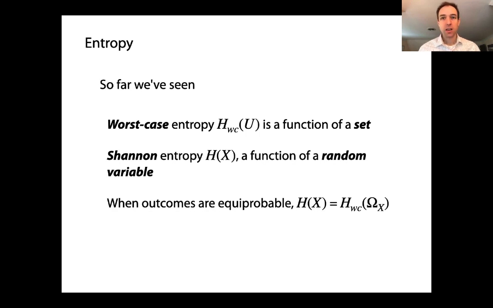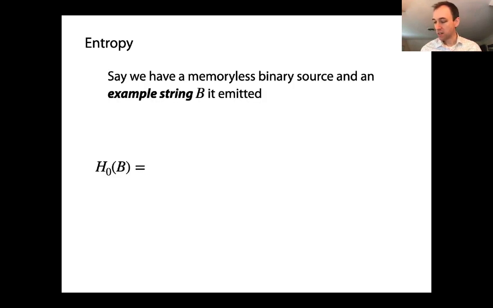So now we're going to add a third notion of entropy, which we can use when we don't necessarily have a model for how frequently things occur, but we do have some data. We have an example of a string that's been emitted. So let's say we have some memoryless binary source. Just for simplicity, we'll stick with a source that's emitting zeros and ones.